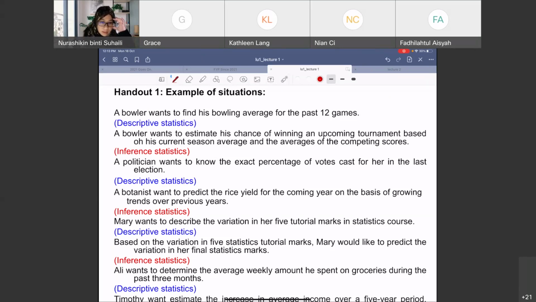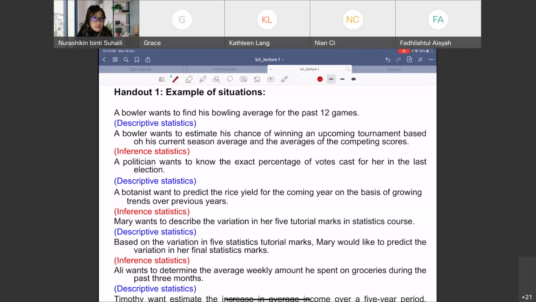In politics, a politician wants to know the exact percentage of votes cast for her in the last election. In an election, we are also based on the previous data of votes. What is the percentage of winning for the next election, for example?